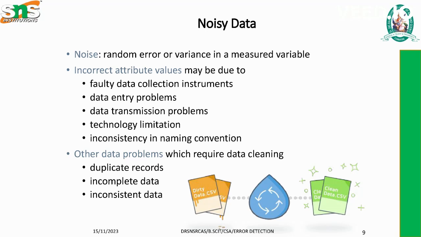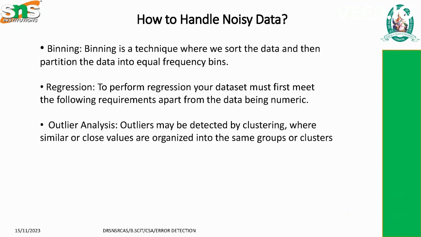Sometimes duplicate records will be there, incomplete data will be there. Duplication means we might enter the same data two times, so that is also noisy data. That will also cause an error and occupy space. So we have to remove all these types of noise.